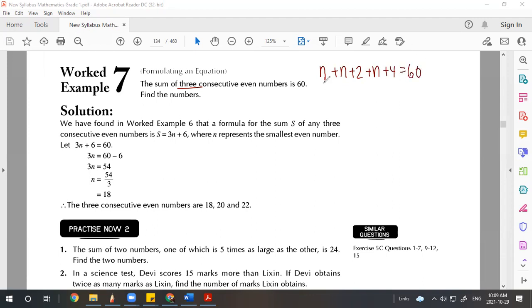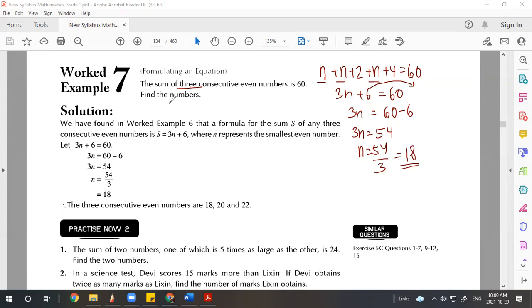Find the numbers. Okay, we have 3n plus 6 equals 60. And you move the 6 to the right side. Remember, if you move the side, change the sign. So it will be so simple. 3n equals 54, right? And then n will be 54 over 3. You will get 18.